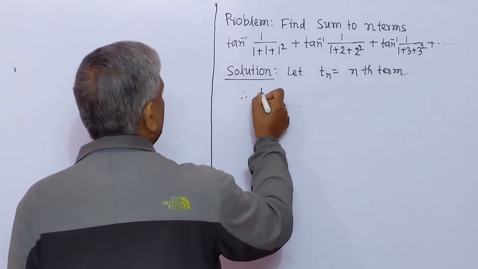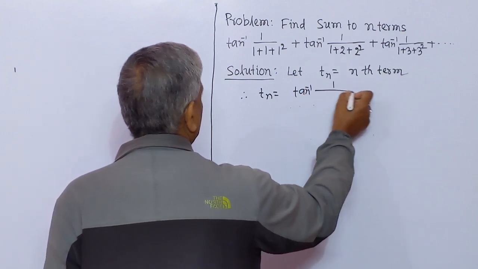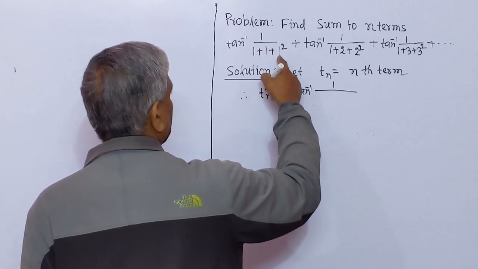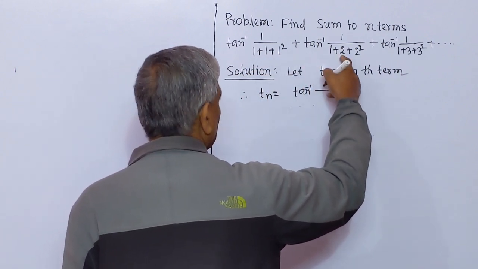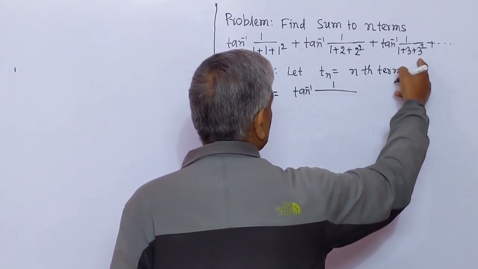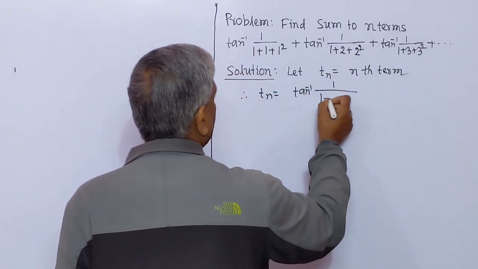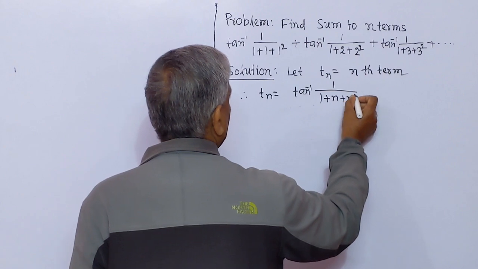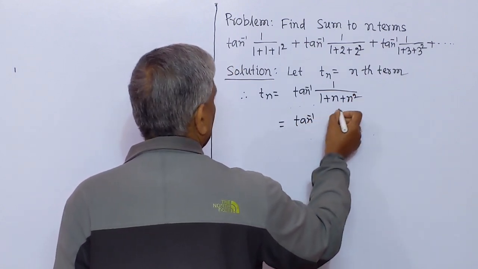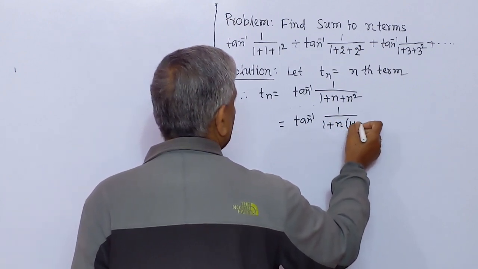Therefore, Tn equal to tan inverse 1 by, in the first term 1 plus 1 square, in the second term 1 plus 2 square, in the third term 1 plus 3 square, in nth term 1 plus n square, and this is equal to tan inverse 1 by 1 plus n square.